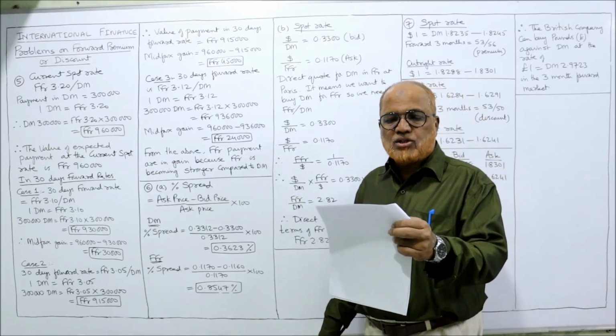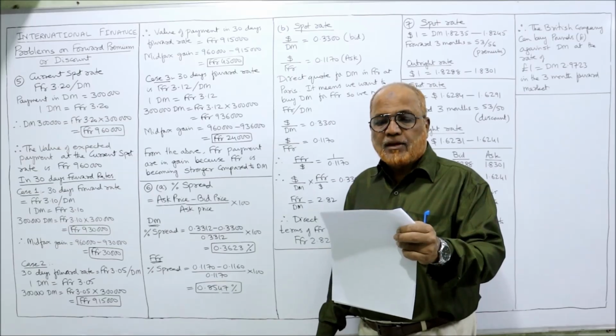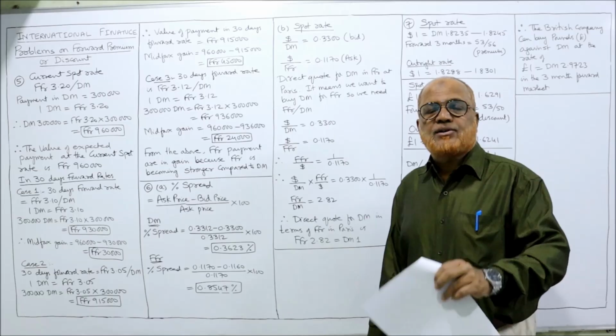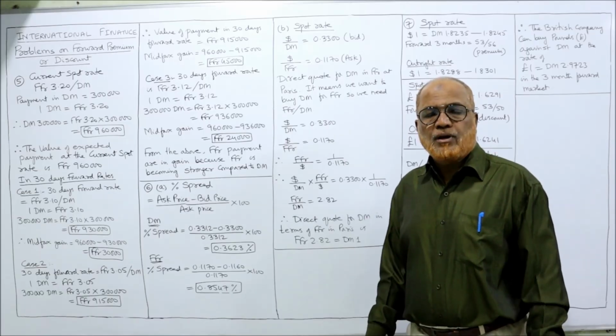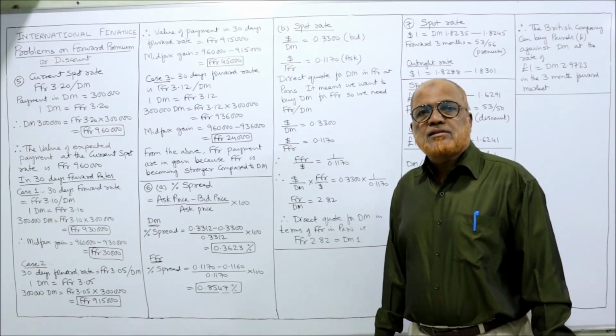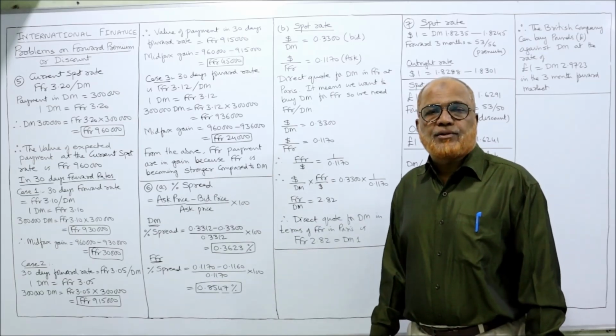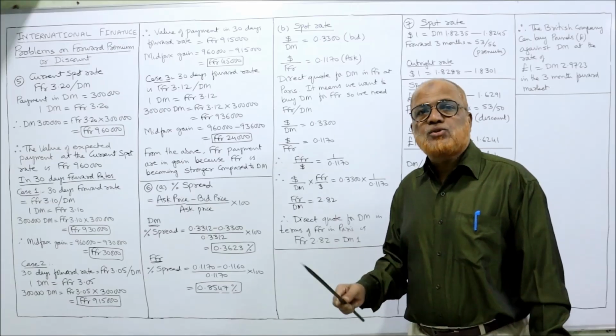Now for each rate different from the forward rate, calculate Midfax gain or loss due to unexpected exchange rate changes. So in this case, the Midfax company is gaining because 30 days forward rates are less than the spot rate.